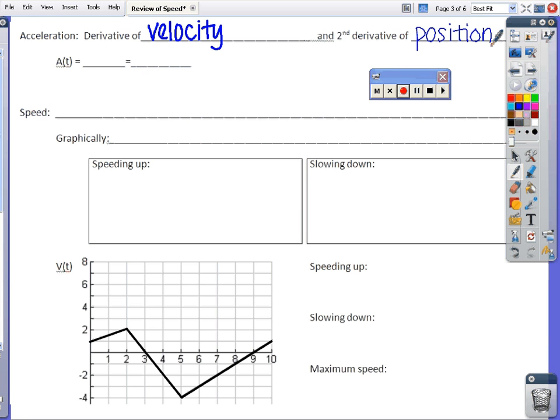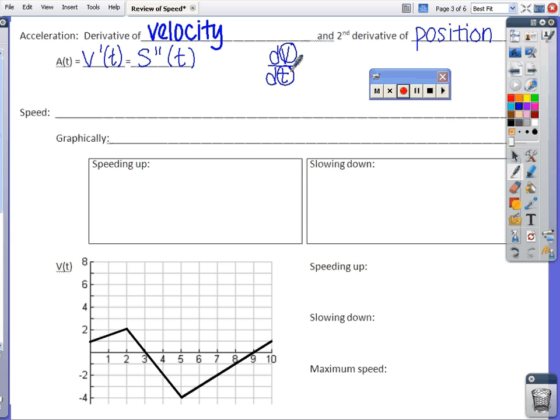So a of t is equal to the first derivative of velocity or the second derivative of position. And remember that the other way of saying velocity's derivative would be dv dt. So acceleration units are always the velocity units divided by the time units.